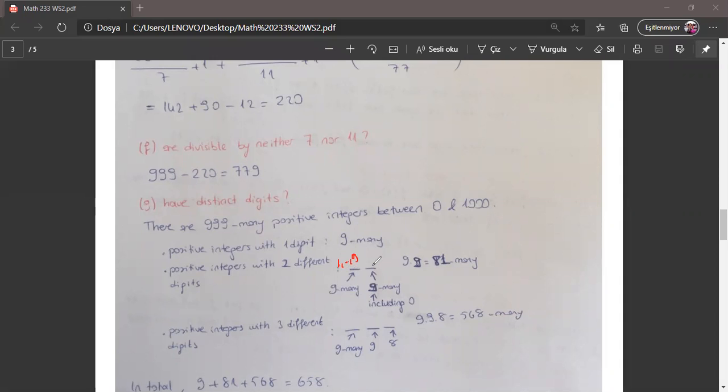So what about this one? If this digit takes the value 1, for example, then we will start with this, right? But remember, we can write 0 here too. So again, we have 9 values here. For this digit, we can write 9 numbers, one of them.